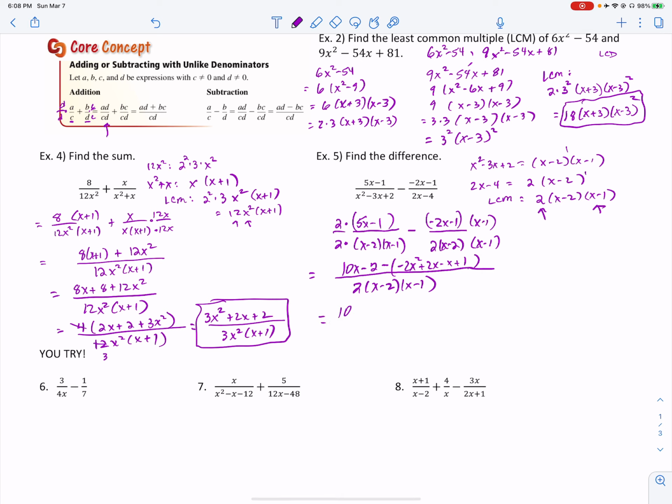And so I have 10x minus 2. And I'm going to collect like terms before I distribute that negative. And then I'm going to distribute the negative in the numerator.